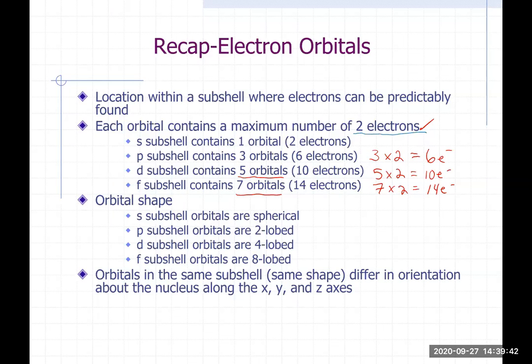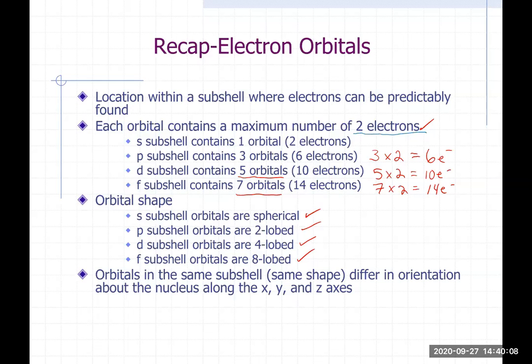In terms of the shape, the S is spherical. The P has two lobes like a dumbbell. The D has four lobes that reach into four corners of a square. And the F has 8 lobes that reach into each corner, such as a cube.